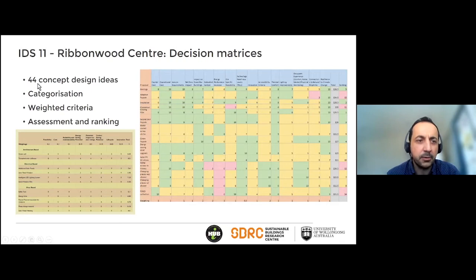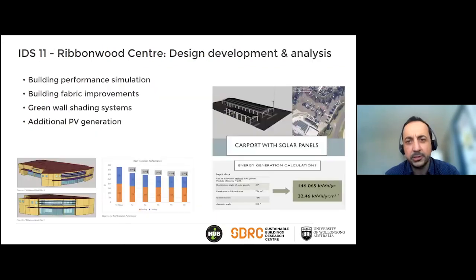For this building, there were around 45 concept design ideas generated. Again, this was an existing building, so there was a bit less flexibility around the geometry and the things you can do around that. At the last stage of the IDS, the students generated building simulation models, and they looked into more detailed design calculations.